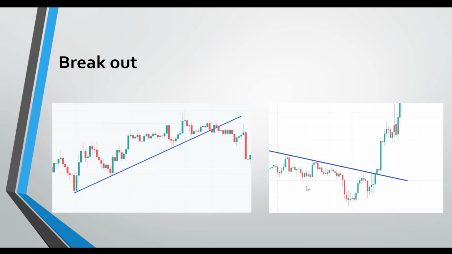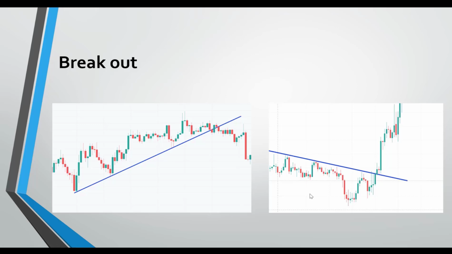So you can see this line, which was a kind of dynamic resistance, and we had 1, 2, 3 and 4 reactions to this line.